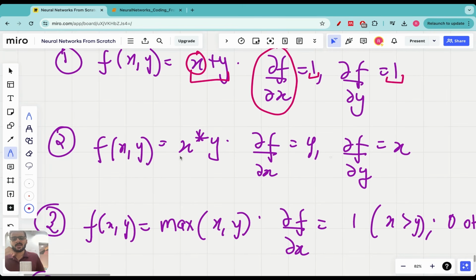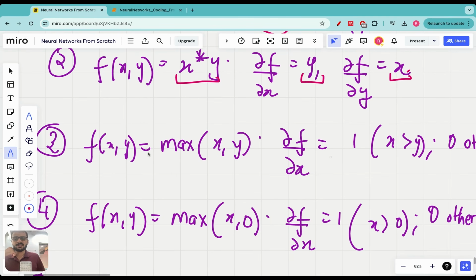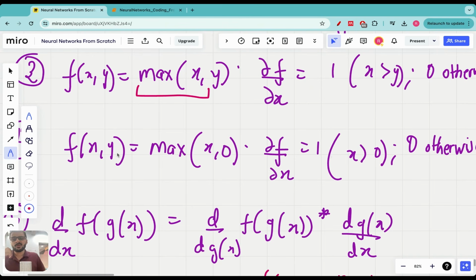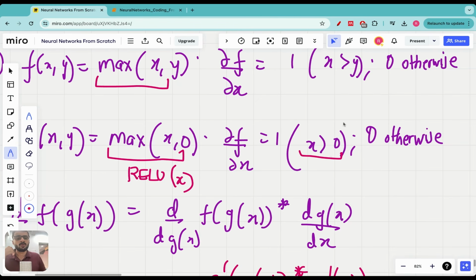If you have the function as x into y, dou f by dou x will be y, because y will be treated as a constant, and dou f by dou y will be x, because x will be treated as a constant. If the function is f of x comma y is max of x comma y, dou f by dou x will be 1 if x greater than y and 0 otherwise. Whereas if the function f of x comma y is max of x comma 0, which is what happens in a ReLU activation function, then dou f by dou x is 1 if x is greater than 0 and it's 0 otherwise.